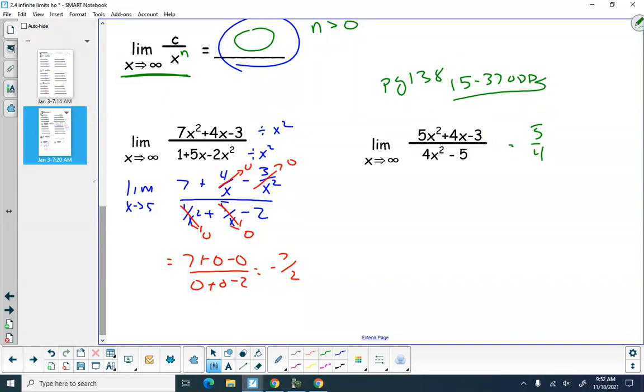That's okay. I did stuff for the next section, section 2.7. If you want to, here we go. Page 148.